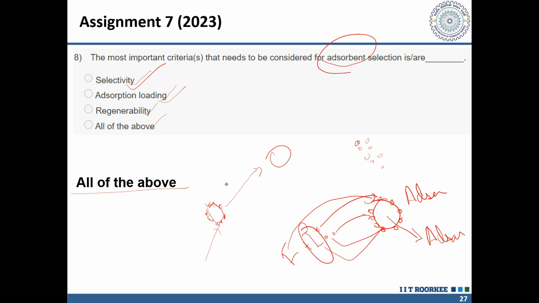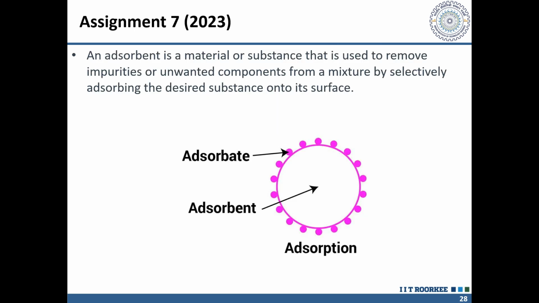This is known as regenerability, in order to reuse the adsorbent material. So all of the above are the right answer. All of them are major requirements when selecting a good adsorbent material. So this is what our adsorbent looks like, and these are the impurities which get stuck to the adsorbent.